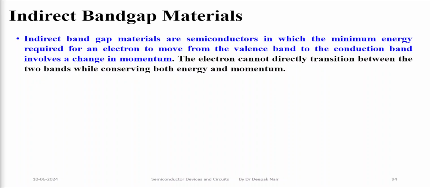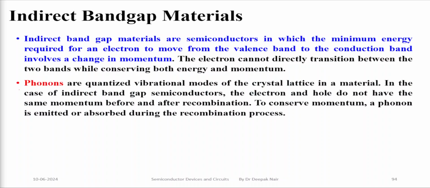So now, in case of indirect band gap, the energy released is called phonon, which is nothing but heat in general. So phonons are quantized vibrational modes of the crystal lattice in a material. So definitely, if there is a vibration of the crystal lattice, that vibration will be releasing heat.